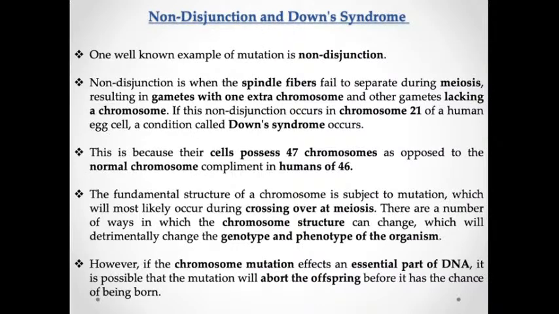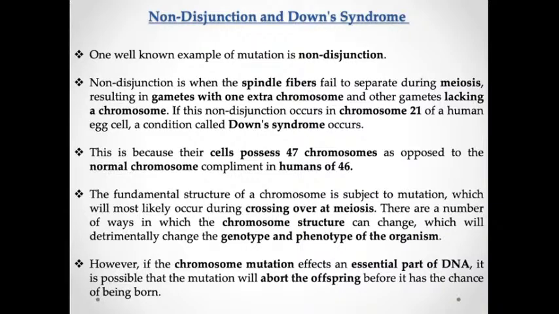So, one well-known example of mutation is non-disjunction. In non-disjunction, what happens is the spindle fibers fail to separate during meiosis, resulting in gametes with one extra chromosome and other gametes lacking the chromosome.